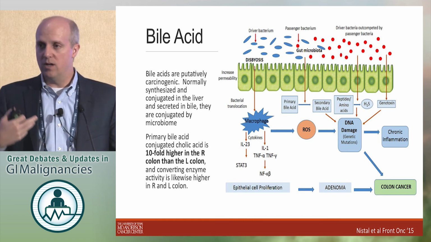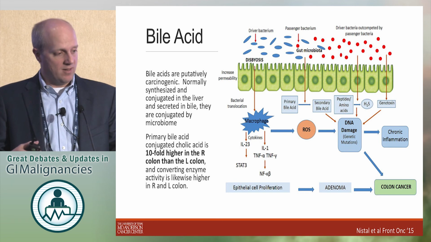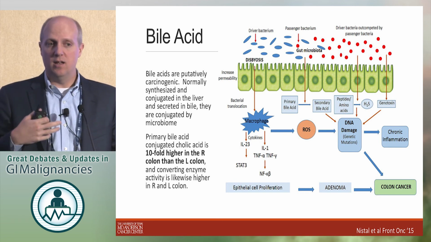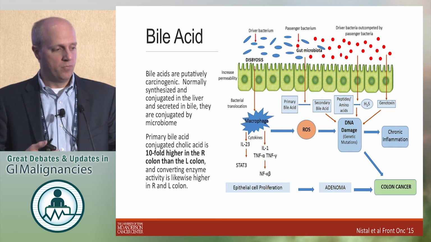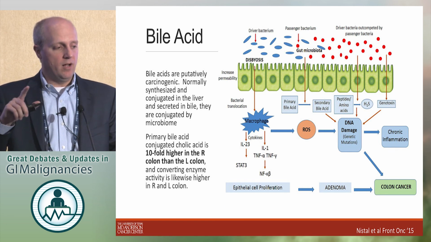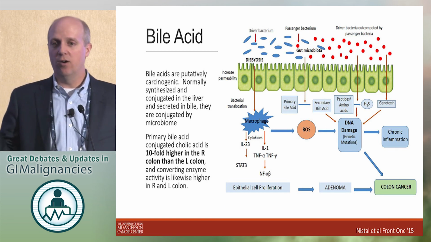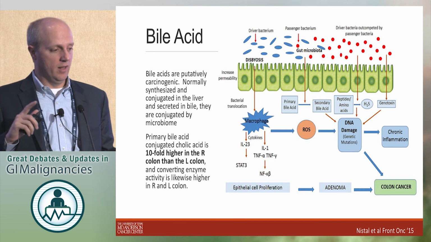As we know, they're secreted through the bile, and then they're metabolized and conjugated by the microbiome. The primary bile acid is actually tenfold higher in the right colon than in the left.